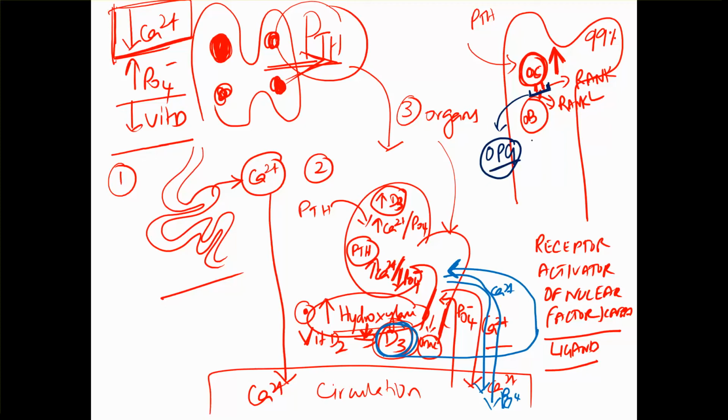What happens is parathyroid hormone reduces this and increases the RANK L and RANK complex. So automatically the osteoclastic activity is increased. Understand? Another substance that has the same effect is vitamin D3.